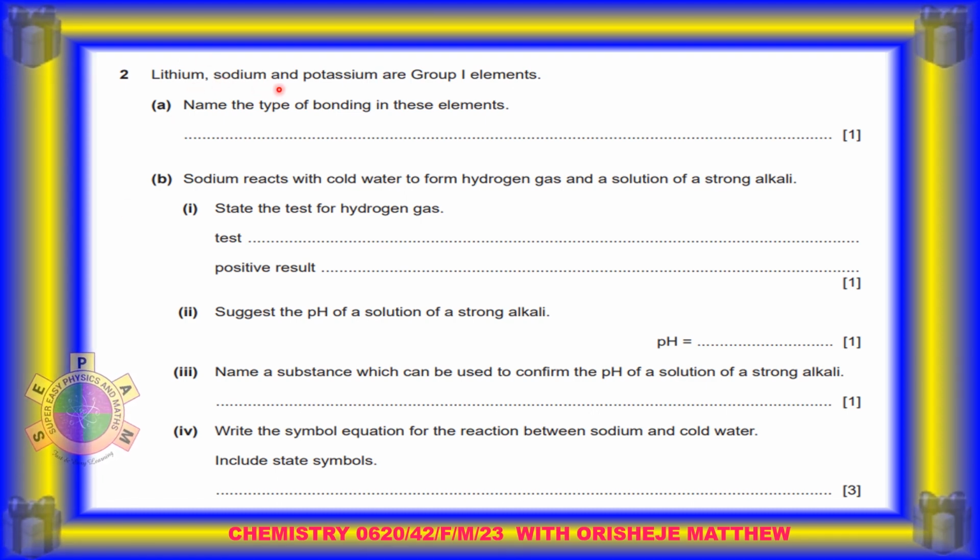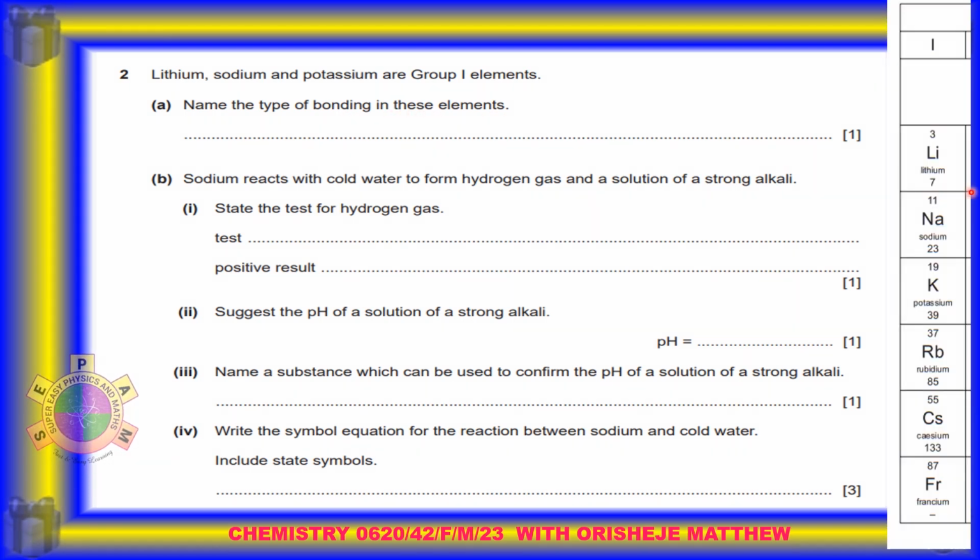Lithium, sodium, potassium are group 1 elements. Name the type of bonding in these elements. So you have lithium, sodium, potassium, rubidium, caesium, and francium. This is from the periodic table, group 1.